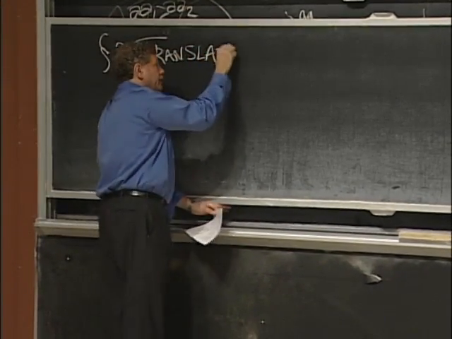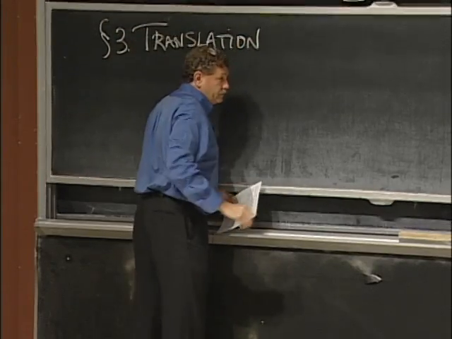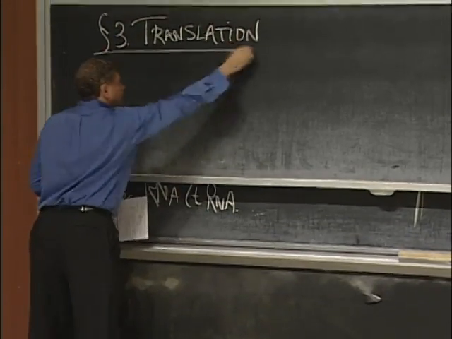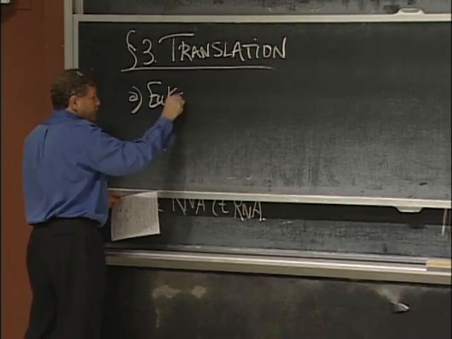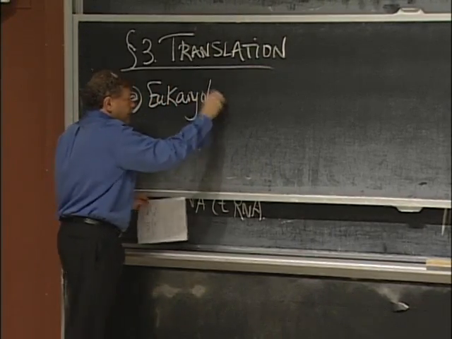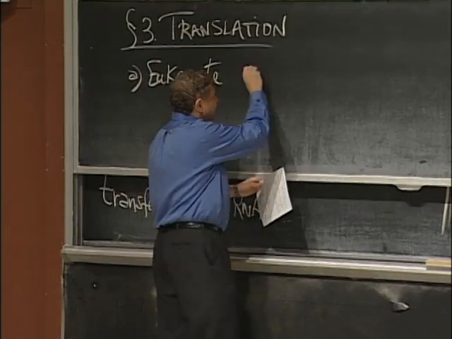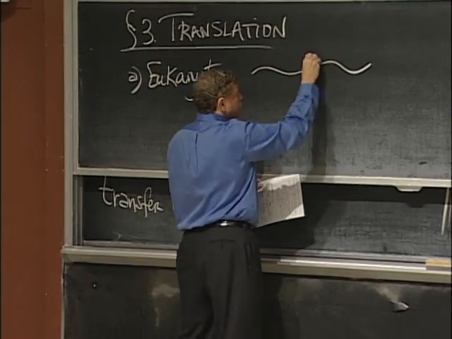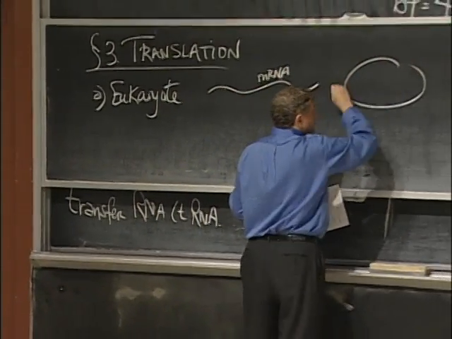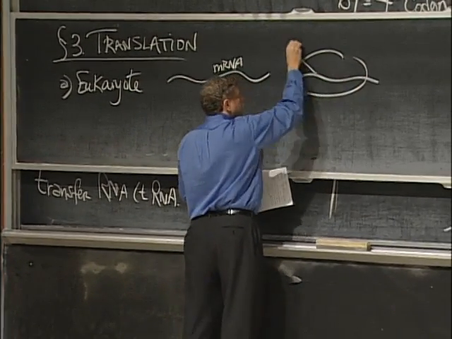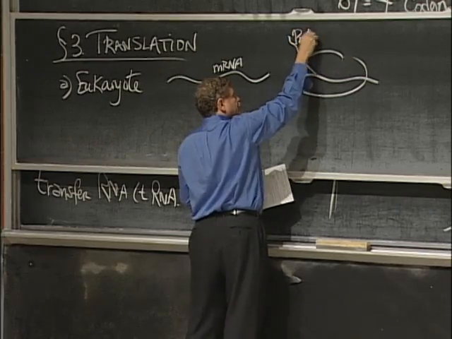Eukaryotes, for the most part, are well behaved. A eukaryote makes an mRNA, it goes to the ribosome, the mRNA makes your protein, just like I taught you.